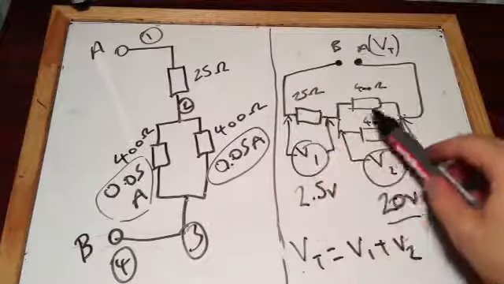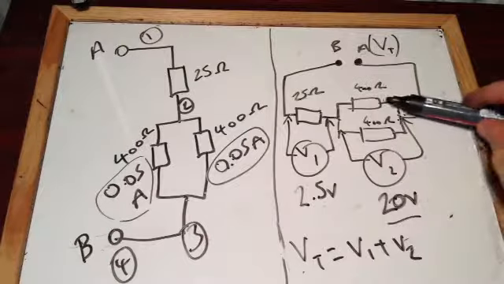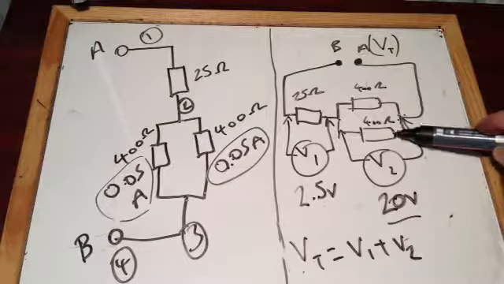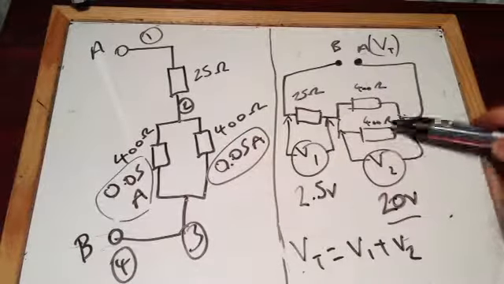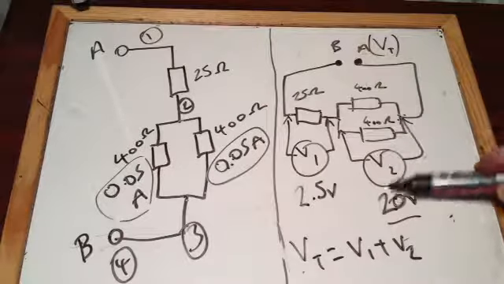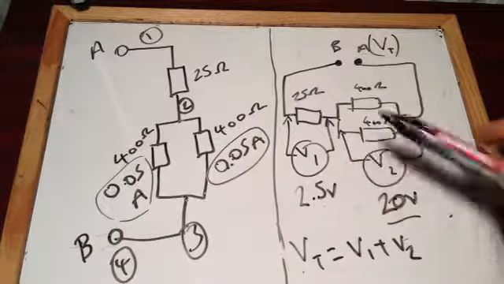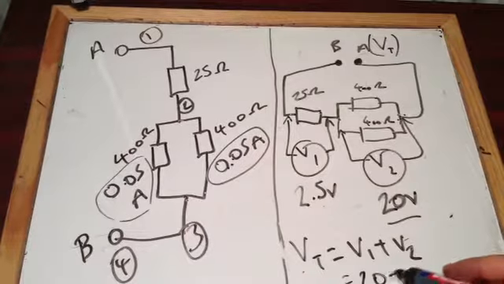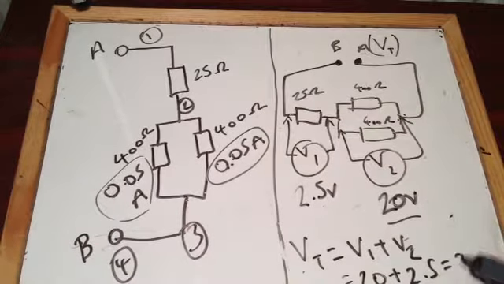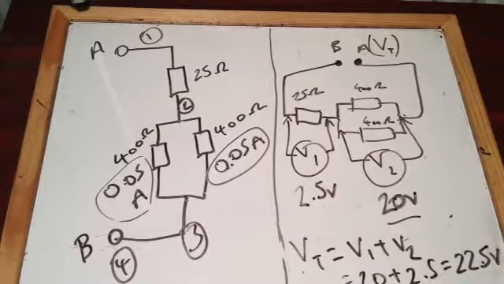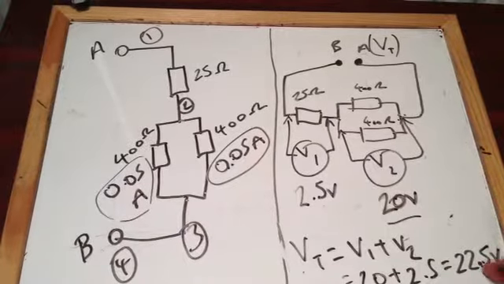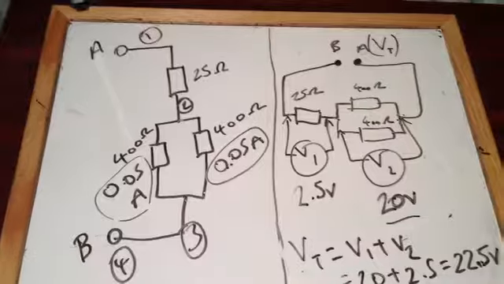But because this is parallel, there's not a separate voltage across this 400 and a separate one across this 400. They're both exactly the same because it's parallel. I know there's 20 volts across here, I know there's 2.5. Therefore, it must be 20 plus 2.5, which gives me 22.5 volts. That's the answer, and that's how you work out the final part, 6b part 3.